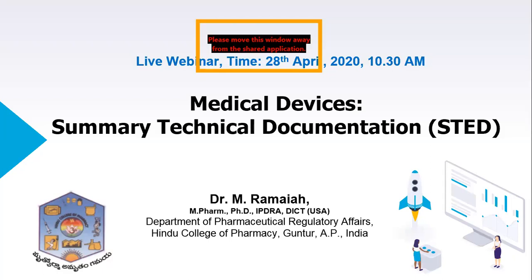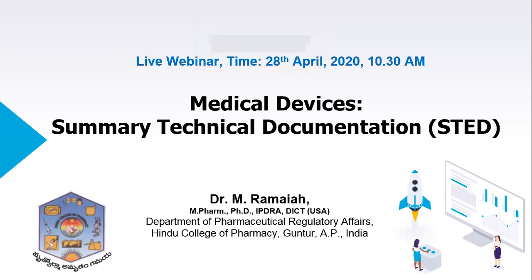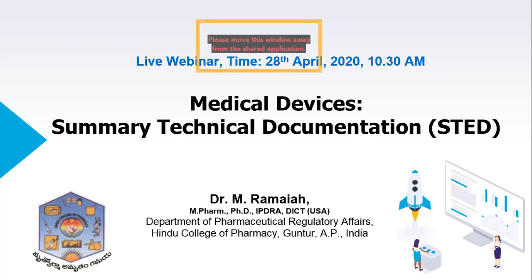Then you should know the difference: what is DMF and what is a STED. For pharmaceutical products, it is called a DMF submitted in ECTD format. For medical devices, before they can be launched into the market, you seek prior approval from the government in the form of an application. That application is called a STED. Clear?